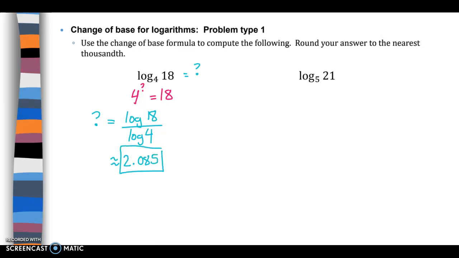Now I want you to do similar reasoning and see what you get here. And to check your work, you should get 1.892. Okay. So pause the video and check your work.